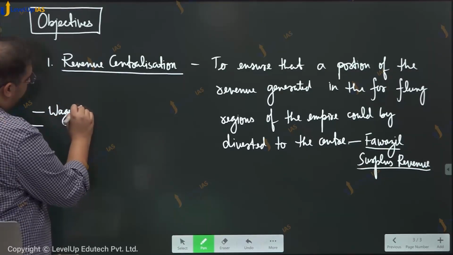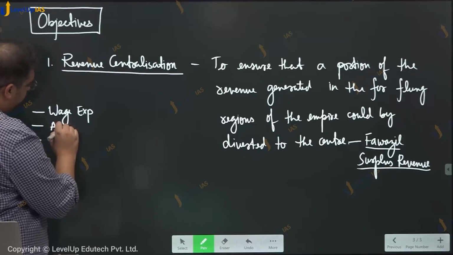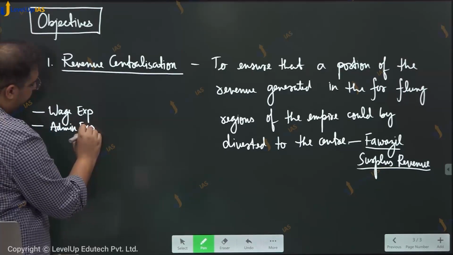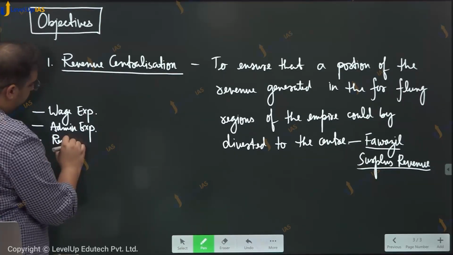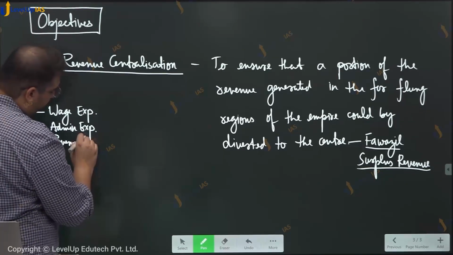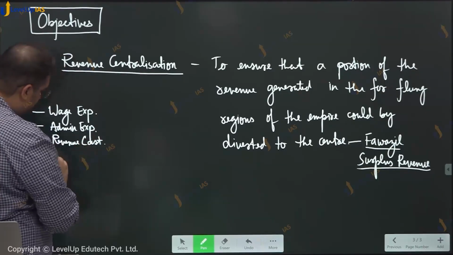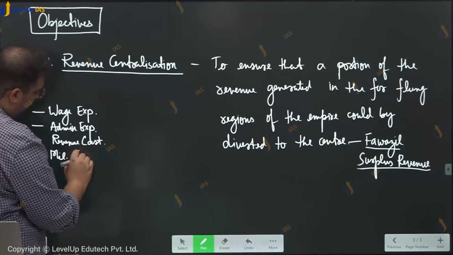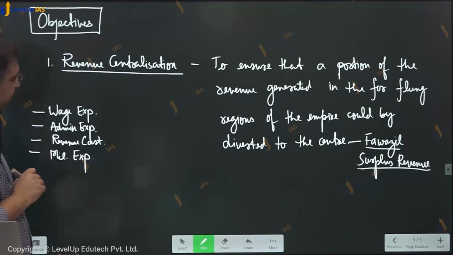Wage expenditure, administrative expenditure, the cost of revenue administration, and military expenditure. ठीक है?